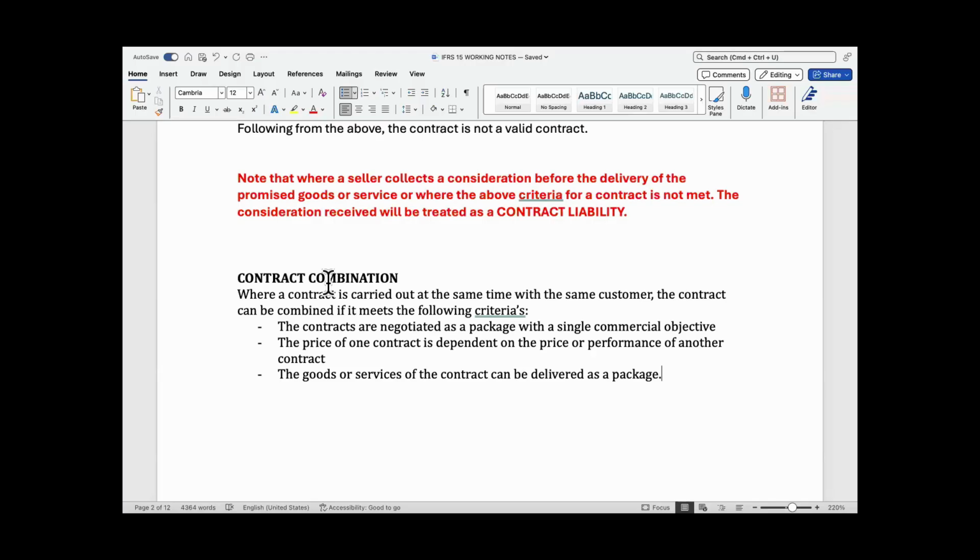You can combine them together if they are negotiated as a package with a single commercial objective, if the price of one contract is dependent on the price or performance of another contract, and also if the goods or services of the contracts can be delivered as a single package, then you can go ahead and combine them and see them as a single contract rather than see them as separate contracts. Any questions?